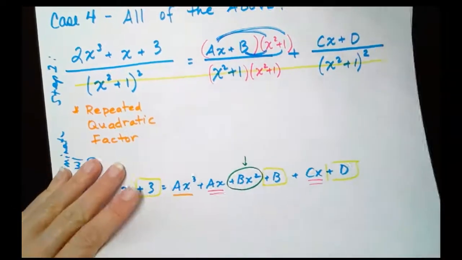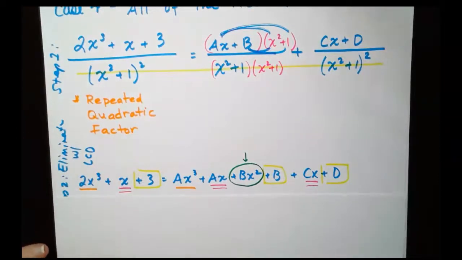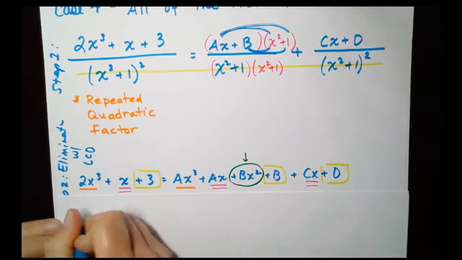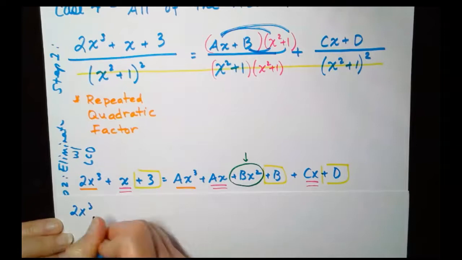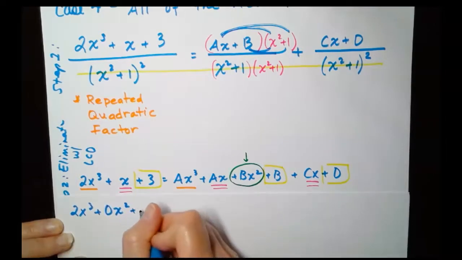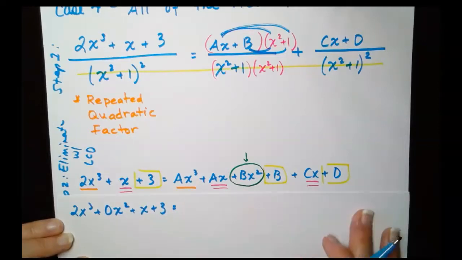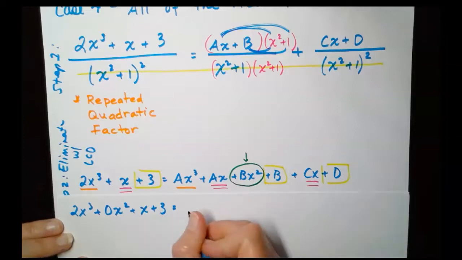So let me shift to another sheet of paper, and we're going to continue getting this all set up. So first of all, let's go with 2x³ + 0x² + 1x + 3. That's our left side. Now let's get everything using the commutative property. Let's change the order on the right hand side.